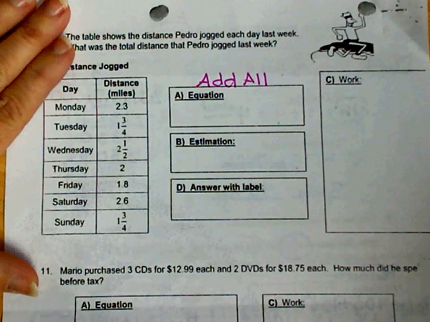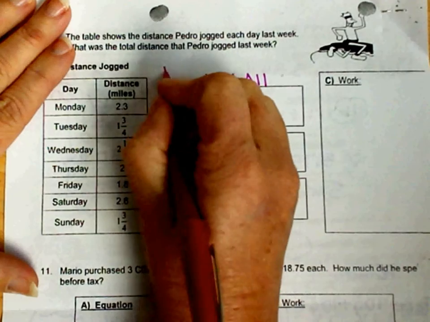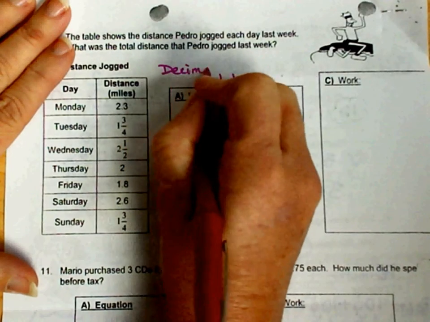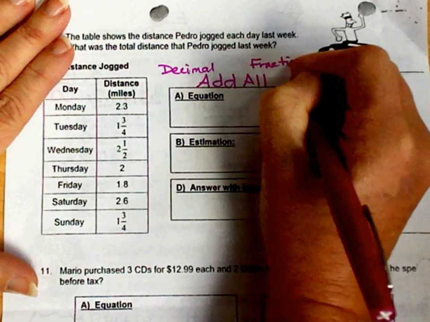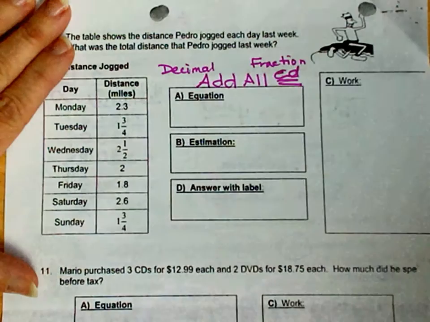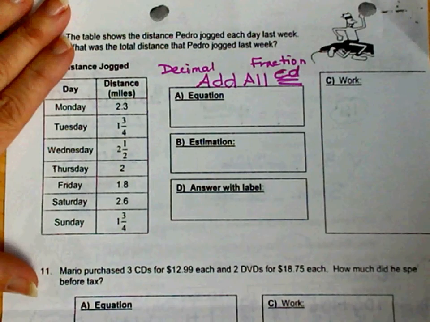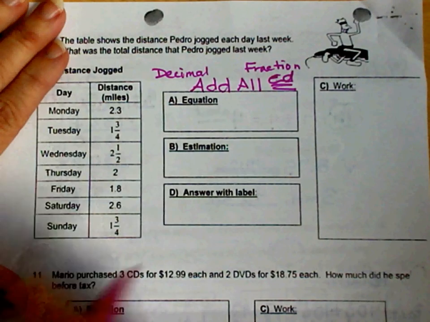Now, I might think about maybe subgroups, add all the decimals together is a possibility. Or I could add all the fractional parts together, but if I'm adding fractions, I need to make sure I have a common denominator. So my equation here would be add all of them, however you would like to do that. I don't think I have enough room in my box to show you that.